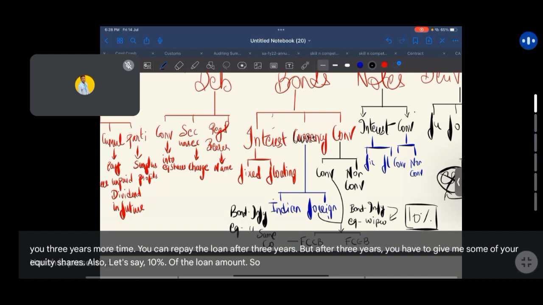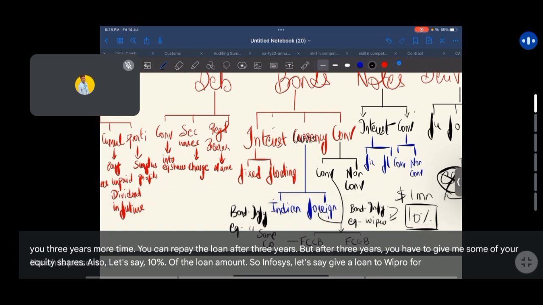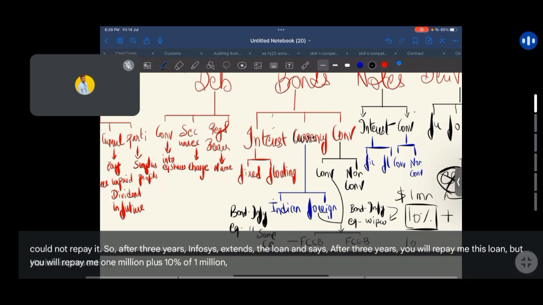So Infosys, let's say, gave a loan to Wipro for $1 million. Wipro could not repay it. So Infosys extends the loan and says, after 3 years you will repay me this loan, but you will repay me 1 million plus 10% of 1 million, which is 100,000 US dollars worth of equity shares of your company.